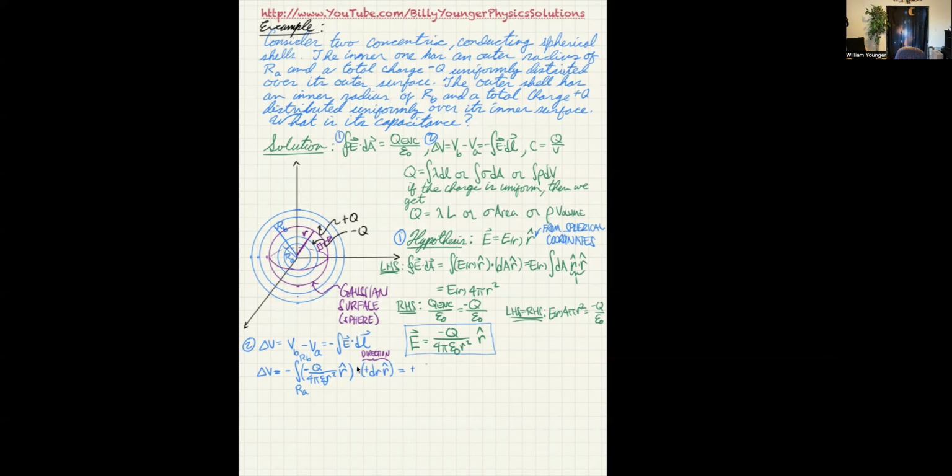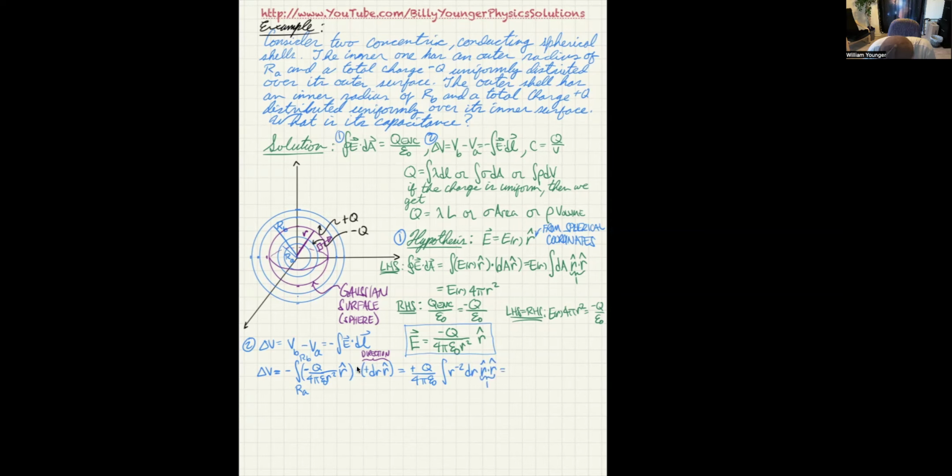So I'm going to get positive Q over 4 pi epsilon naught times the integral. All I've got left of the electric field is basically the R squared in the denominator. And I'm going to use the linearity of the dot product to pull the dr out to the left of the dot product. So I'm going to get r to the negative 2 times dr. And then we have r hat dot r hat again, which of course is just 1.